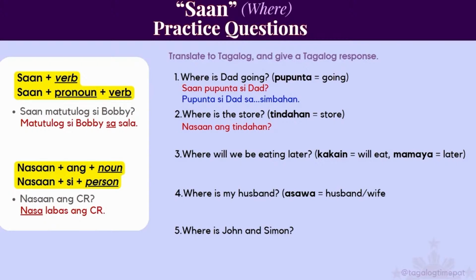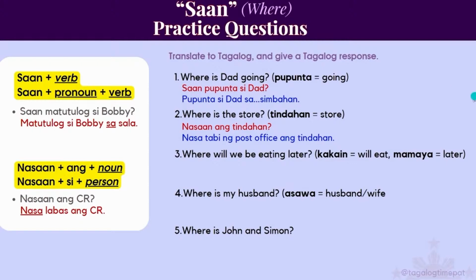Nasaan ang tindahan? The response, nasa tabi ng post office ang tindahan. Nasa tabi means beside. Ng post office means of the post office, so beside of the post office. Ang tindahan means the store. The store is beside the post office.